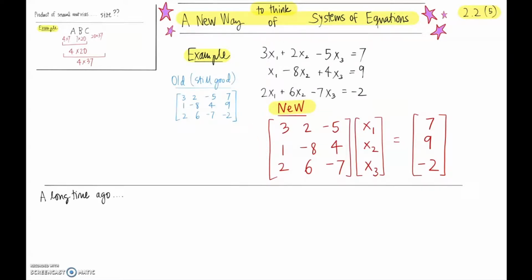So a long time ago, we said that the set of solutions to a homogeneous system of equations is a subspace.